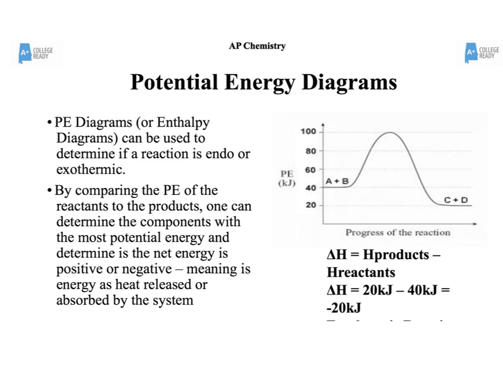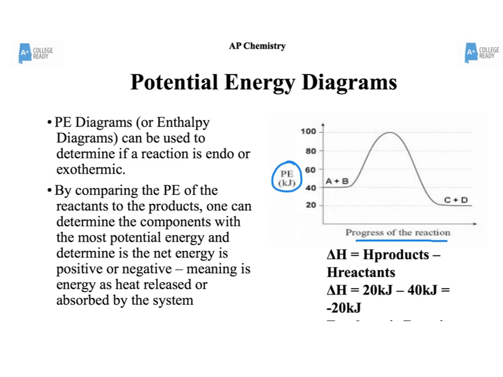So let's look at some graphs that you might experience on the AP exam that will show you graphically the progress of a reaction and allow you to determine things about the enthalpy of the reactants and the enthalpy of the products. If you're looking at a graph like the one we have here on the right, this is a graph of potential energy on the y-axis compared to the progress of the reaction.